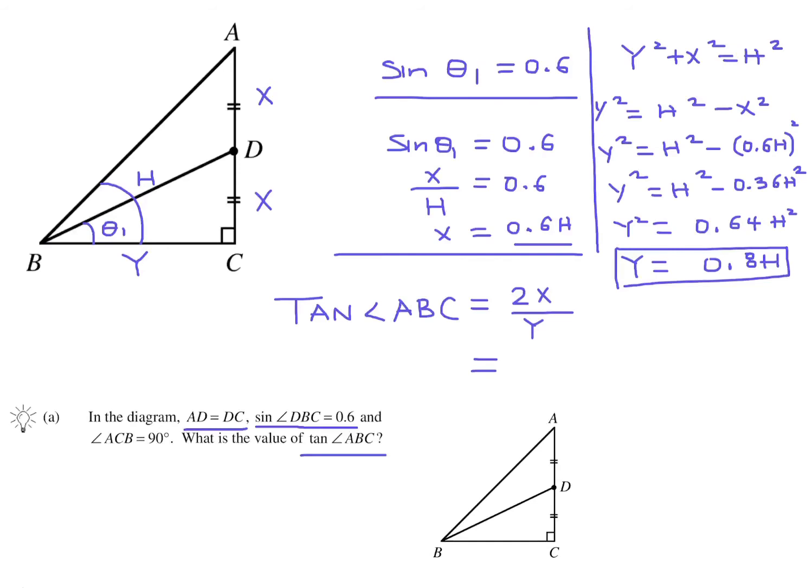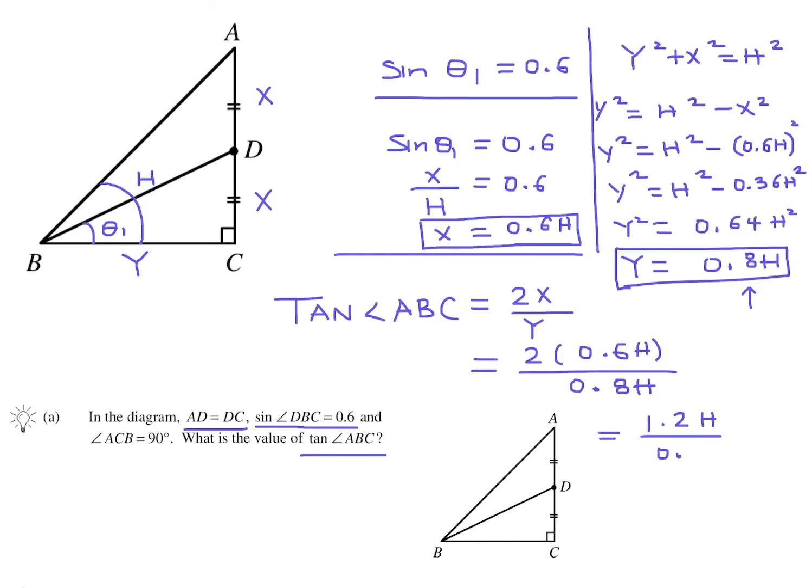And we have both x and y in terms of h. So this becomes 2 times 0.6h from here, and the denominator becomes 0.8h. And this looks like 1.2h over 0.8h.